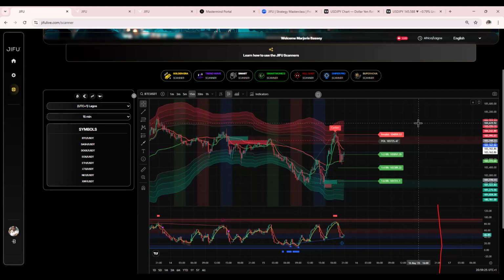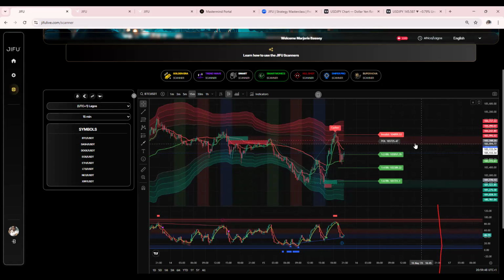Now, another thing also, I don't know if this thing is really clear. When there is a point on Smartmonics, you're always going to see one entry point, one invalidation point, and three take profit points.